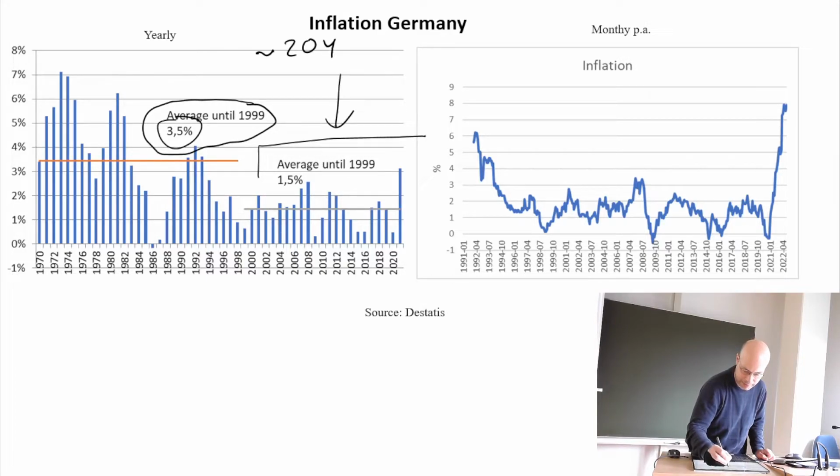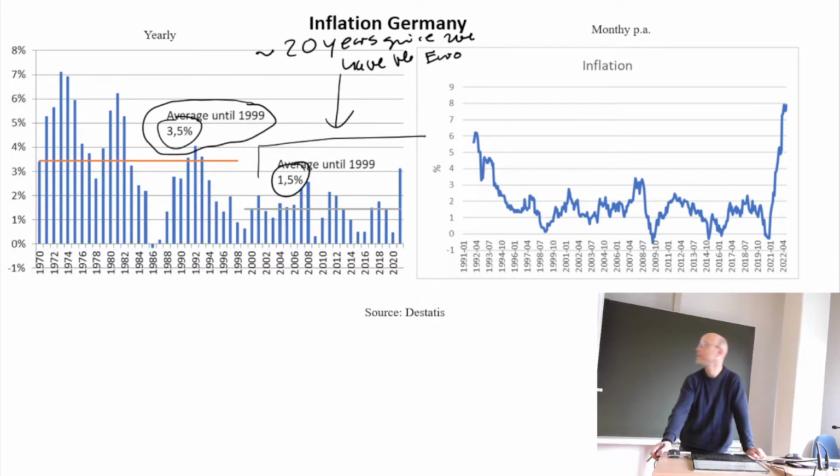And if we take these roughly 20 years since we have the euro, we had average inflation rates of roughly 1.5%.